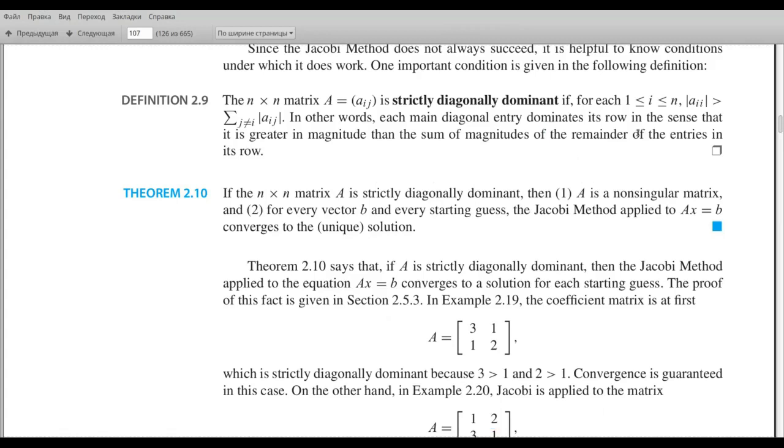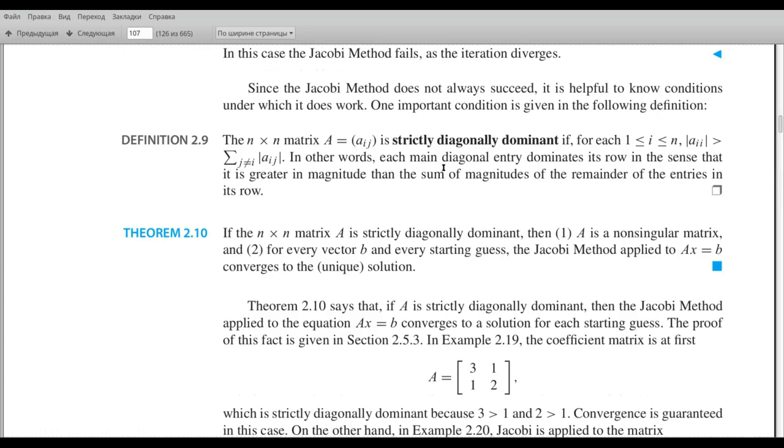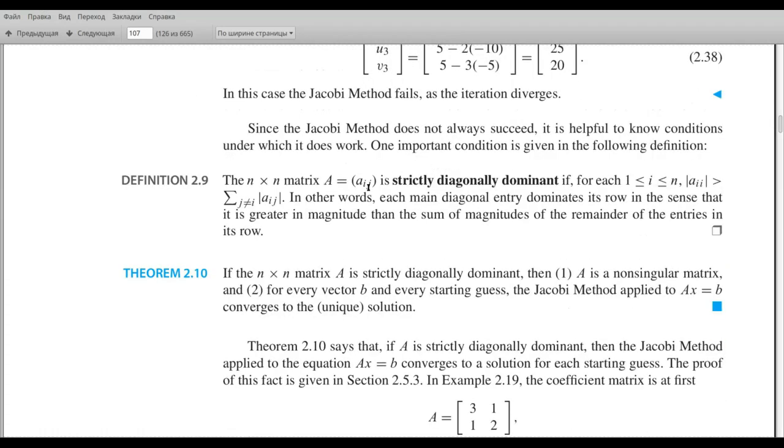You see what is important here. This theorem gives you a sufficient condition, right? So if the matrix is strictly diagonally dominant, then it's non-singular, and the Jacobi method will converge to the unique solution from any initial guess.